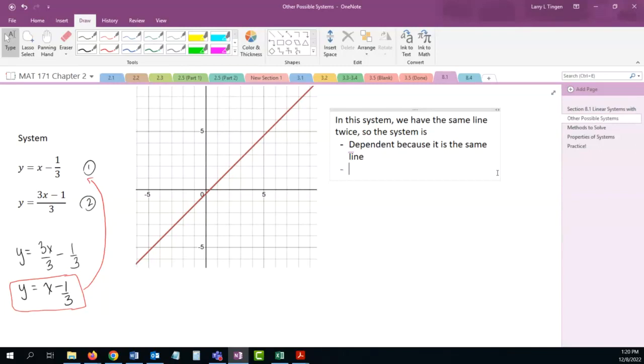This is the same line, so that line is directly on top of the other line. Where does the same line intersect with itself? Everywhere. So that means this is consistent, because there are infinite solutions, and the solutions are every single point on the line, right?